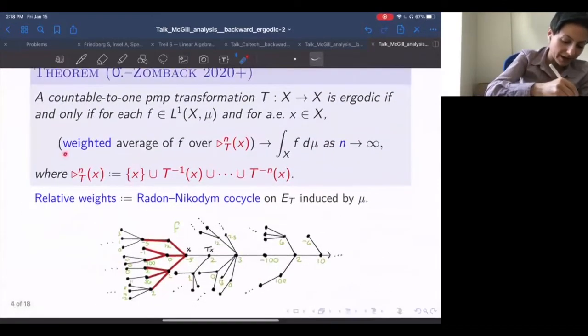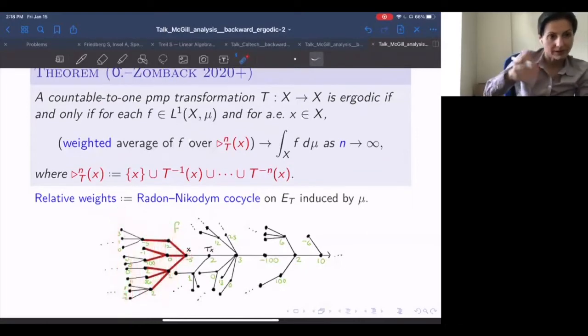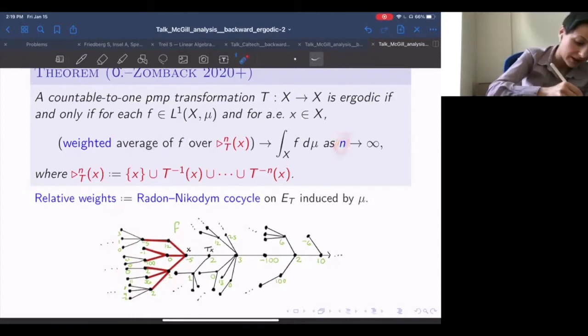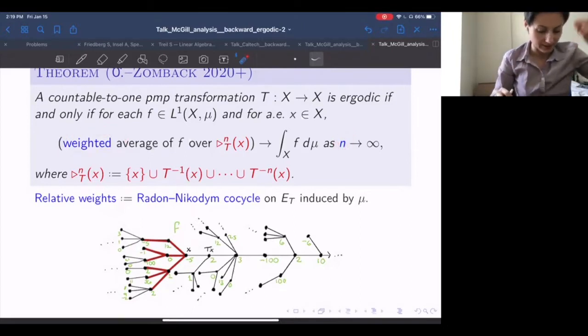Here the weights are assumed, as I said, measure preserving means that the weight of x is equal to the weight of the set of its pre-images, which hence also is equal to the weight of the set of its second pre-images, and so on. So all the weights are 1 if you declare the weight of x to be 1. My color scheme is such that the weights I denote by blue, and in fact this n I treat as a weight as well.